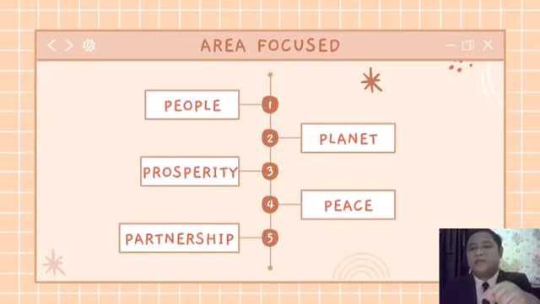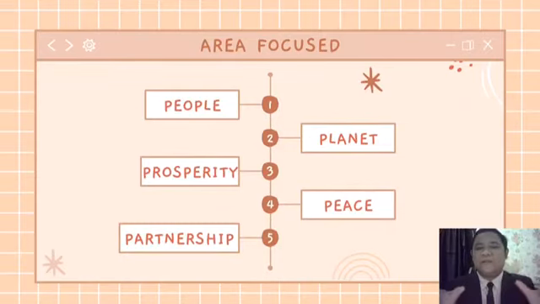The next is planet, where the agenda aims to protect the planet from degradation, including through sustainable consumption and production, sustainably managing its natural resources, and taking urgent action on climate change.